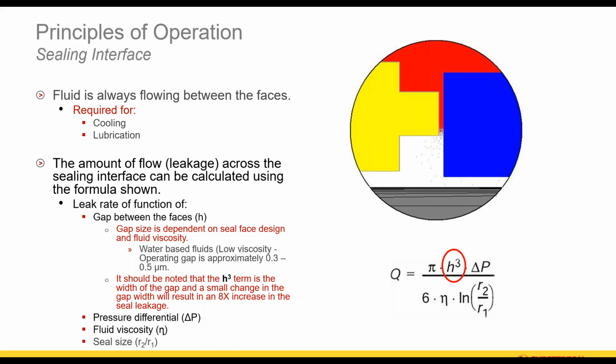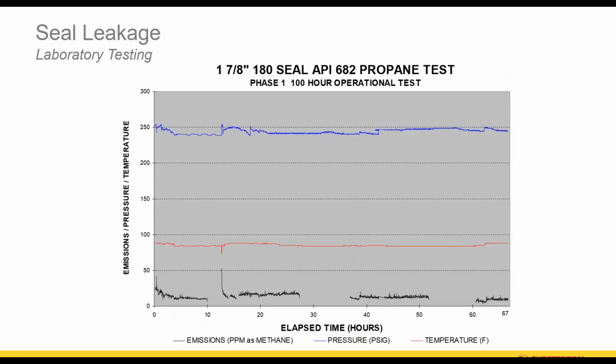And to prove to you that seals do leak, this is some actual testing. This happens to be part of API 682 testing, which we have done, looking at the fluid propane. In the graph, the blue line is the actual operating pressure, in this test case, 250 PSI. The red line is the actual face temperature, and you can see the faces are running about 80, 85 degrees Fahrenheit.